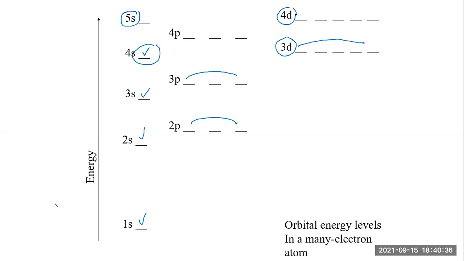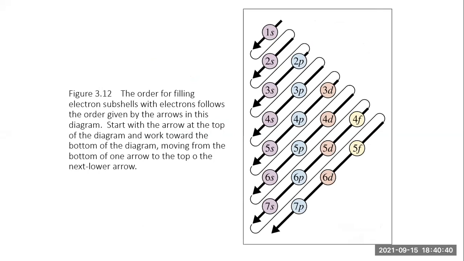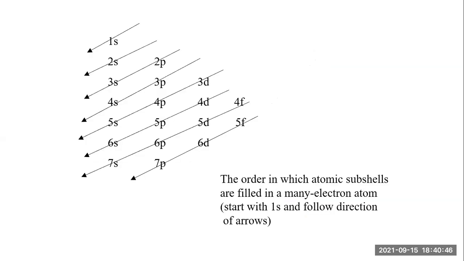So there's really an order at which these electrons go into the atom. And this is where you can create it yourself, this one or this one. Either one of these is the actual order at which you can fill an atom.